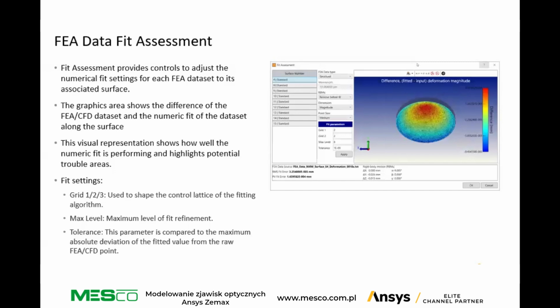This is the visual representation, but you also have some numerical data like the RMS fit error and peak to valley. And also you have some settings if you need to shape and control the fit refinement.